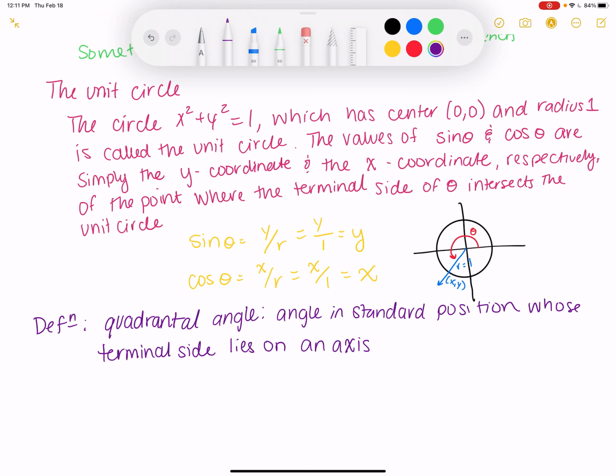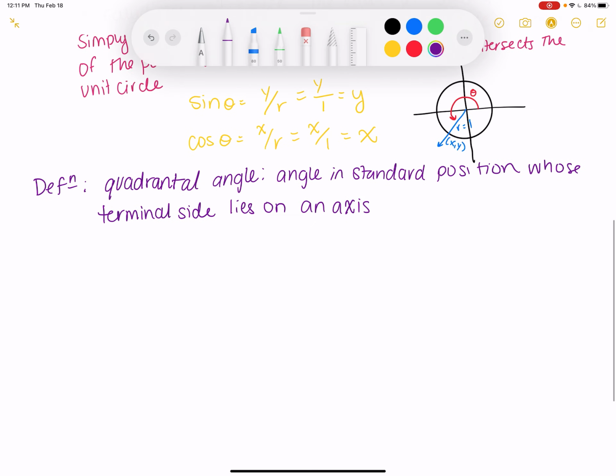So either the x or the y axis. It is always a multiple of 90 degrees or pi over 2 radians.